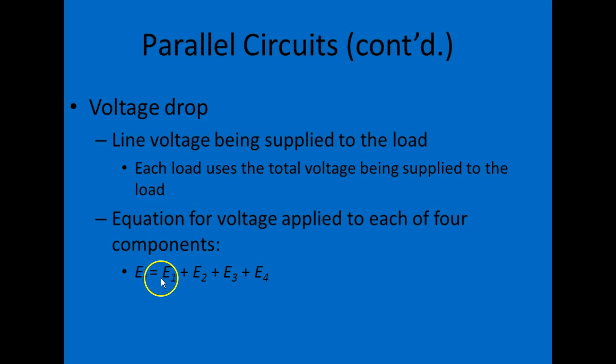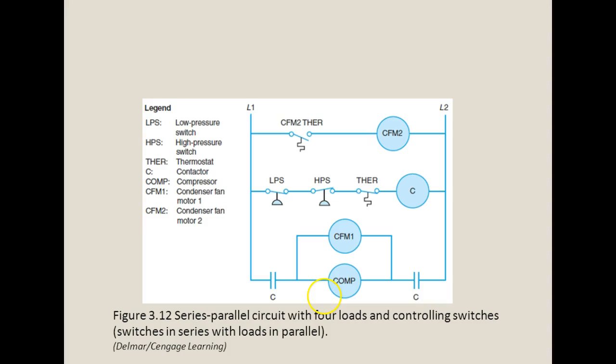Total voltage is equal to the voltage at 1, which is equal to 2. So whoever made that, I didn't make it, Justin. But that's wrong. It should be equals in here, right? I hope y'all know that's the key. In a series, amps are equal in every load. In a parallel, voltage is equal at every load. Okay, that's the big difference.